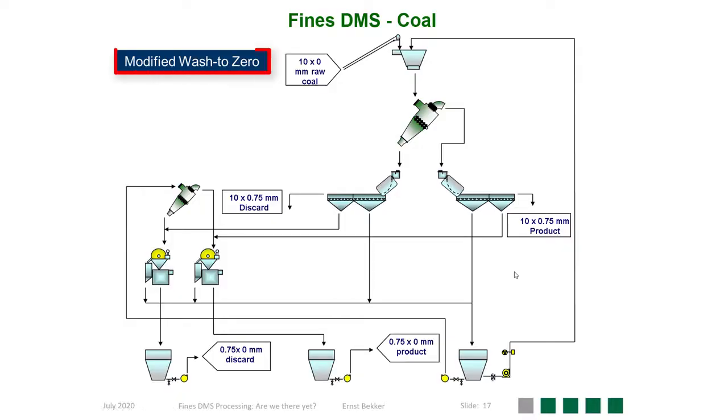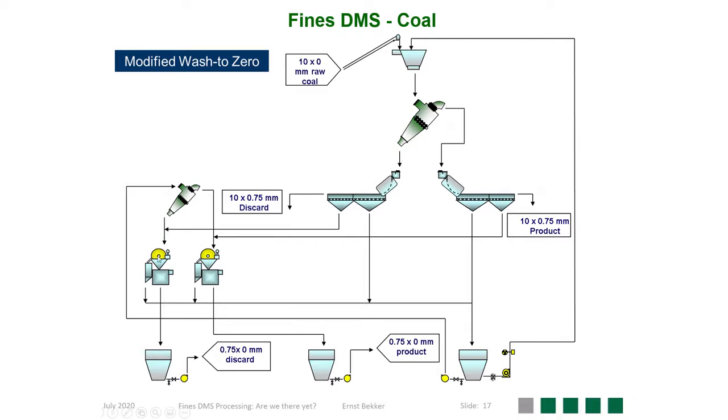There was a modified wash to zero process, where the floats of a normal dense media cyclone went through the drain section of the drain and rinse screen into a separate tank and then got pumped to a second cyclone. This cyclone produced then a floats and a sinks.